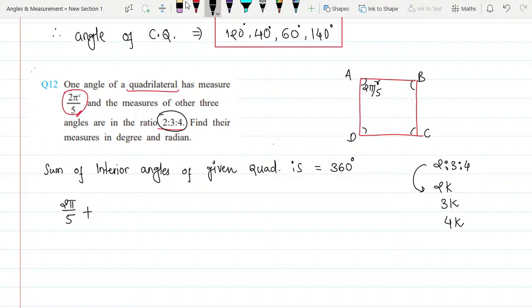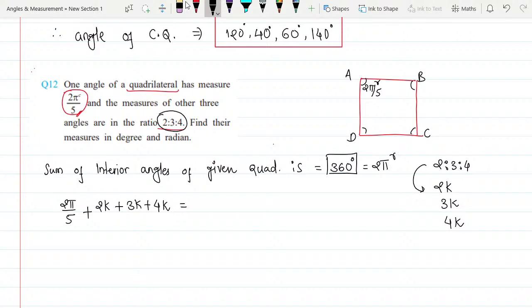I hope you are getting this. To remove the proportionality I have taken the proportionality constant k. So I can simply add 2k plus 3k plus 4k, and this equals 360 degree, which is 2 pi radian.